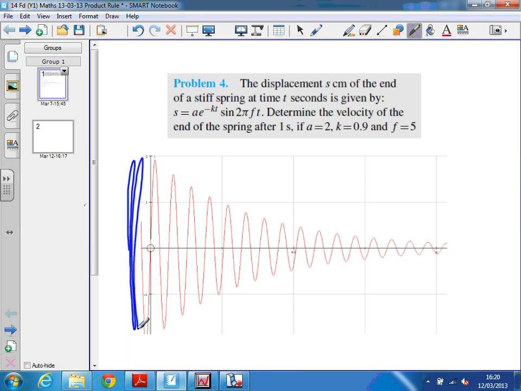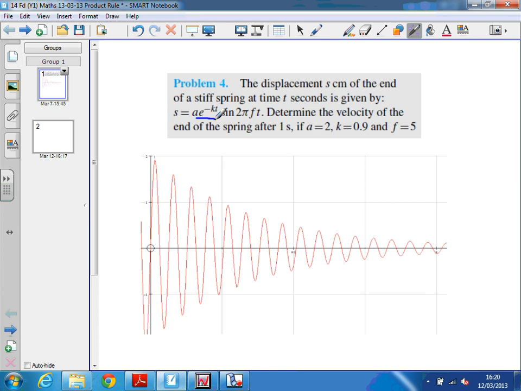Now if we look at it, there's two parts to this function. First part is a sine function. T is time. So we can see the sine wave. But the amplitude of the sine wave, if you think about the general function for a sine wave, the number in front of the sine function represents the amplitude. That's an exponential decay.